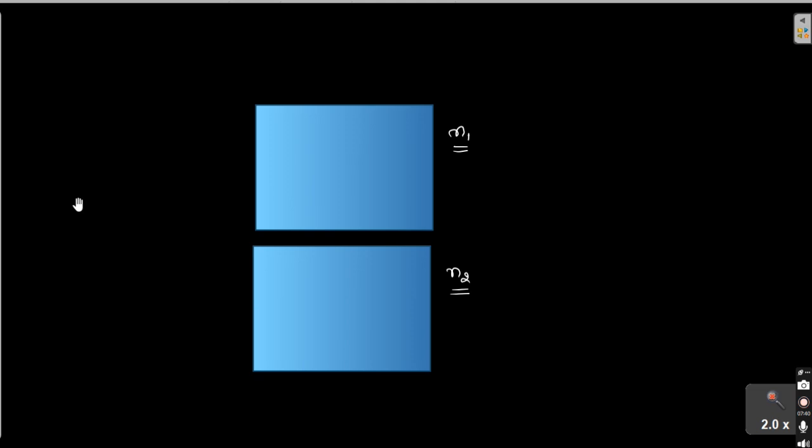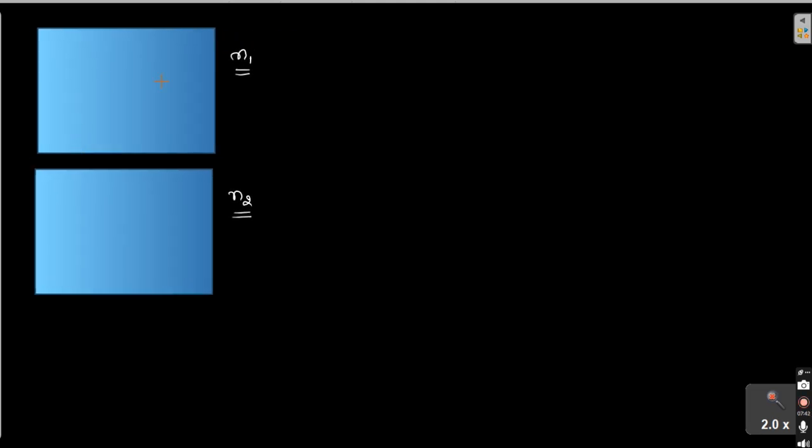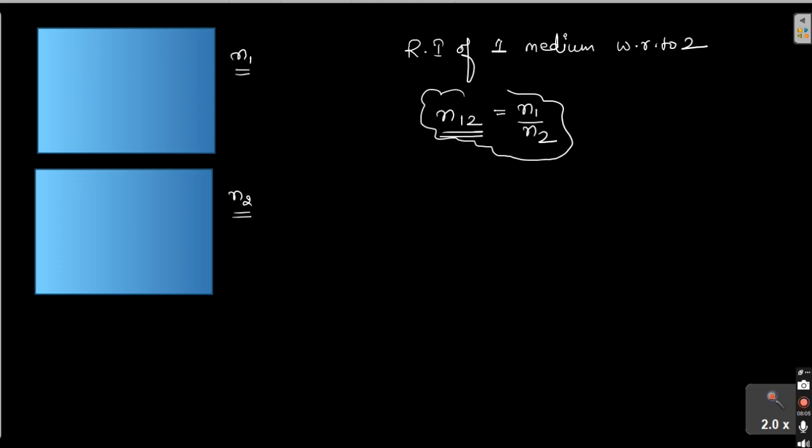If I ask you the refractive index of the first medium with respect to the second, that is n12, the refractive index of 1 with respect to 2, that is equal to n1 divided by n2. This is known as relative refractive index.